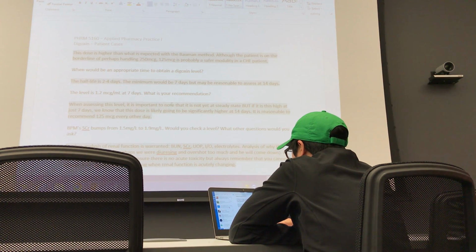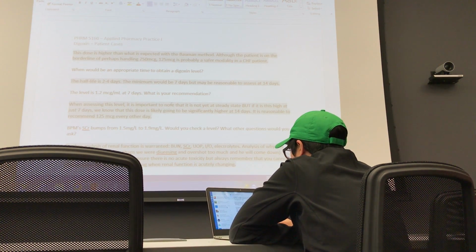Alrighty. So after a few months, he returns to clinic. He's now got his full heart failure shebang going on. He's got Coreg, ACE inhibitor, Lasix, amio, atorvastatin. What kind of drug interactions do you see, and what are you going to do?